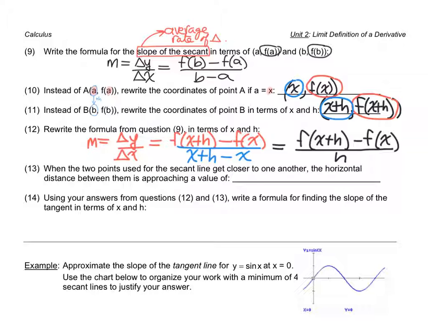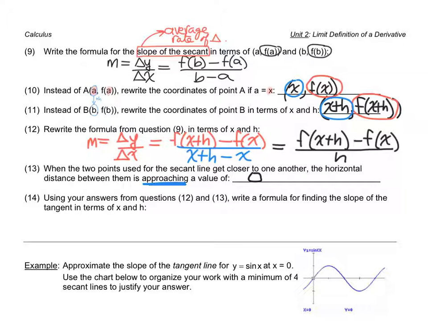difference. All right? Number 13, when the 2 points used for the secant line get closer to one another, the horizontal distance between them is approaching a value of 0. And that word keeps popping up over and over again, whether it's in written form or spoken. So that's making it into a tangent.